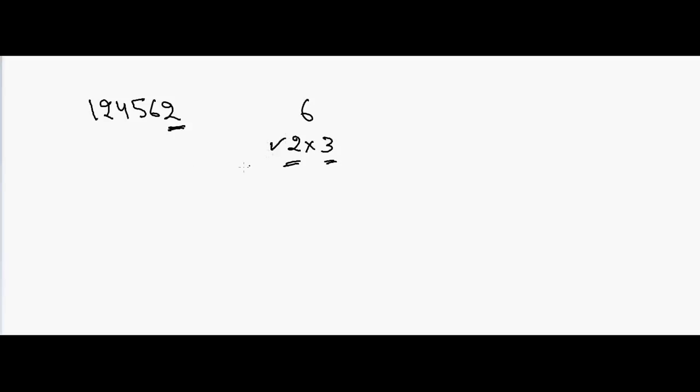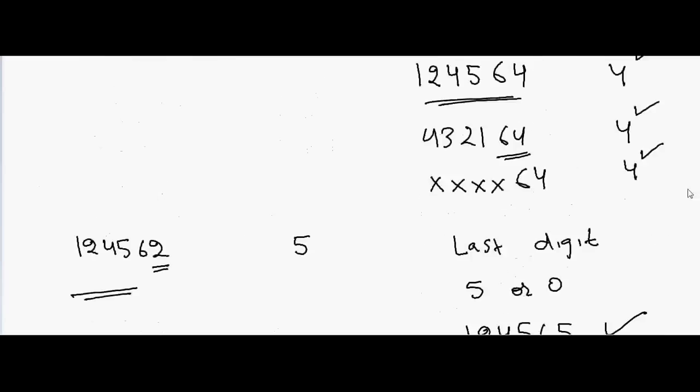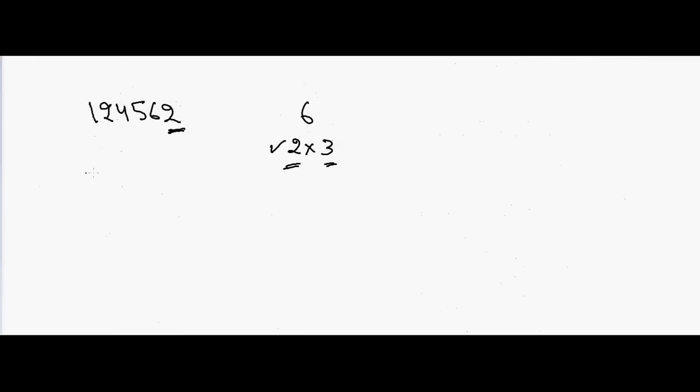But we did the test before and found that the sum was 20. So 1 plus 2 plus 4 plus 5 plus 6 plus 2 was 20, and 20 is not divisible by 3. So this number should not be evenly divided by 6.